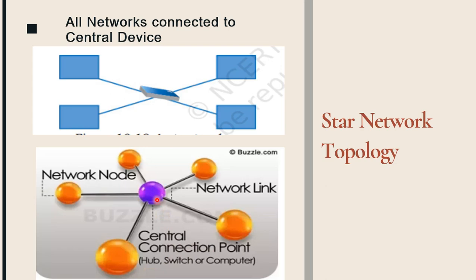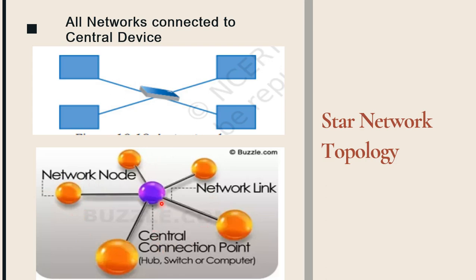If only one computer fails, then it will not affect the rest of the network. We can separate out any of the nodes from the central hub. If you separate out this particular computer, it will not affect the network connectivity of the remaining computers or systems which are connected to the central hub.